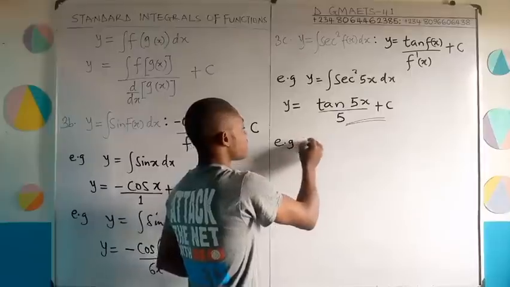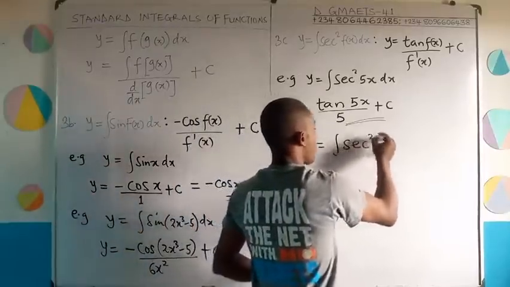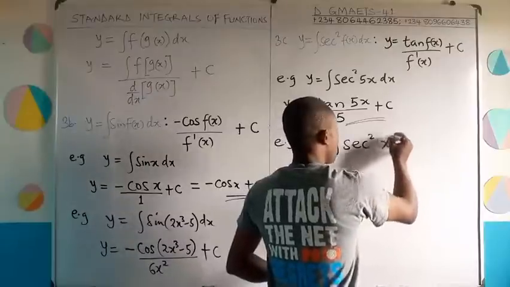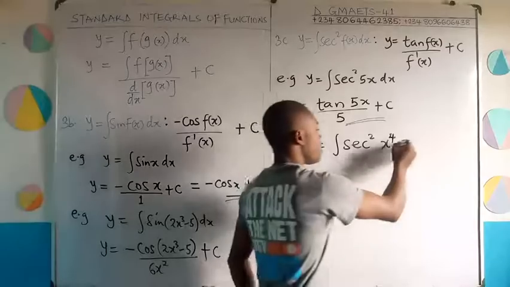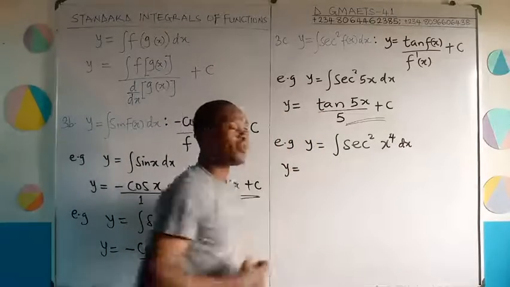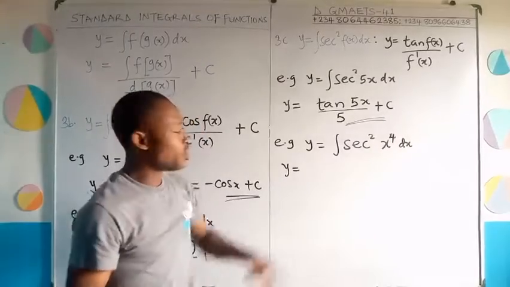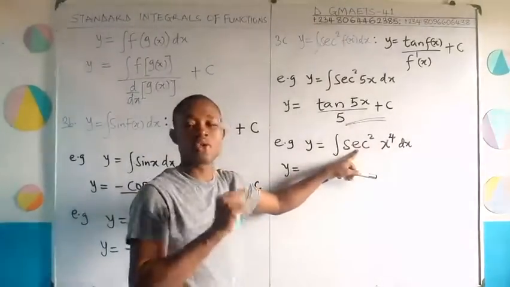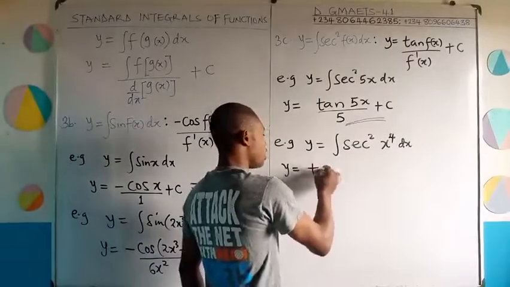Let's consider another example, y to be integral sec square of x raised to the power 4. Let us integrate this function with respect to x. Once again, it's a direct concept. Simply identify your major function. If you integrate this function, you are going to get tan. So integral of this major function gives us tan.